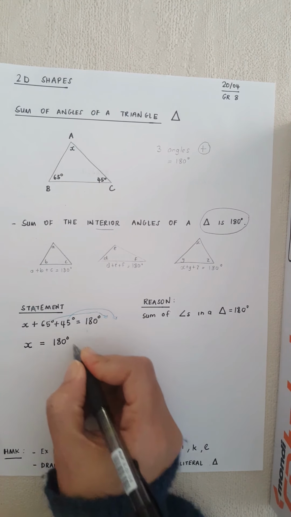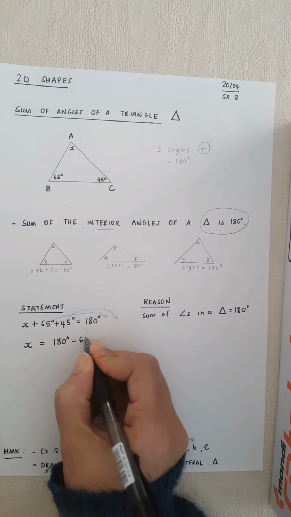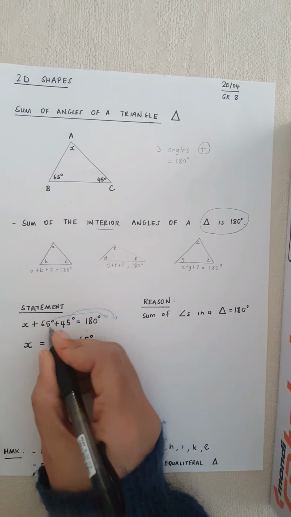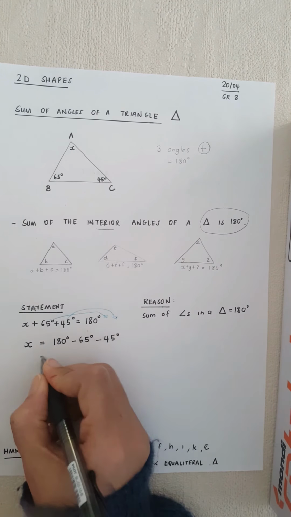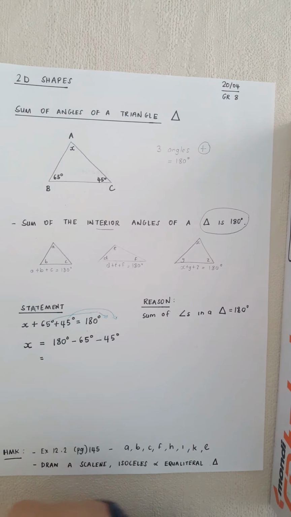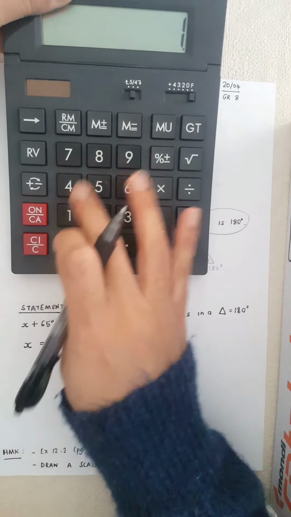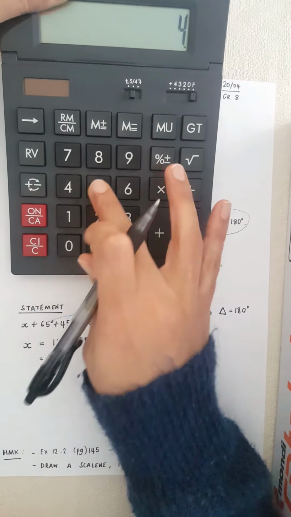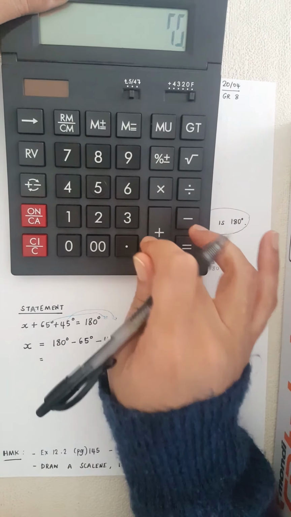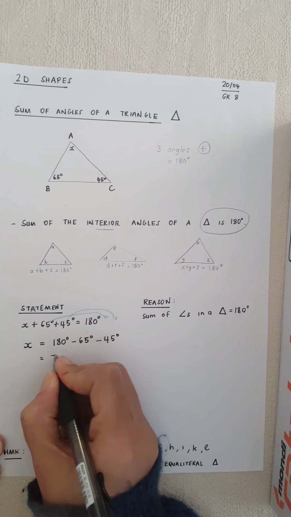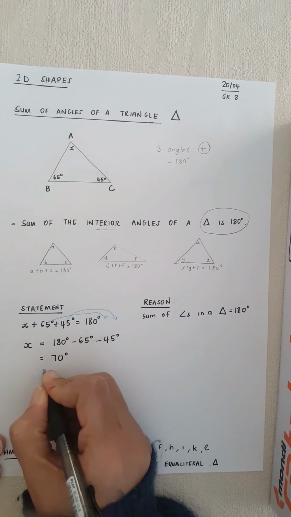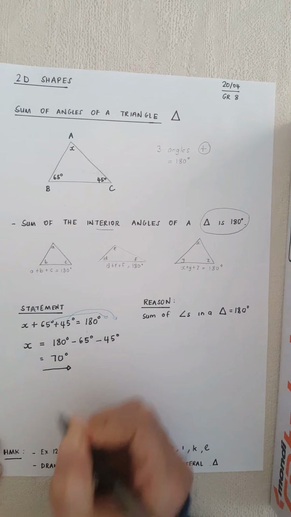So I'm saying 180 degrees minus 65 degrees, I've changed the sign, minus 45 degrees. Okay, this is the part where you're allowed to use your calculator. So you take your calculator and you say 180 minus 45 minus 65, and I get x is equal to 70 degrees. Okay, so I've solved for my x.